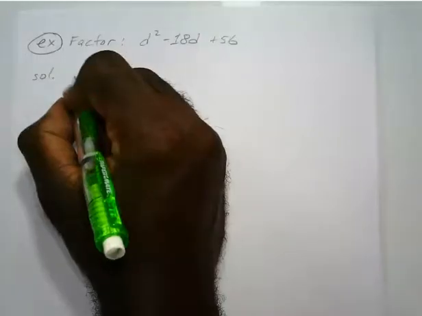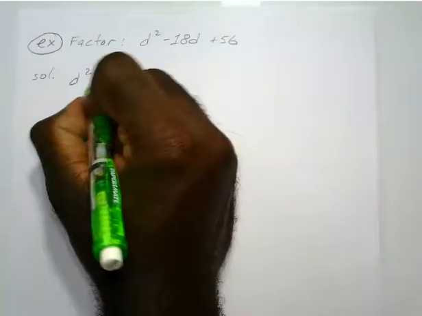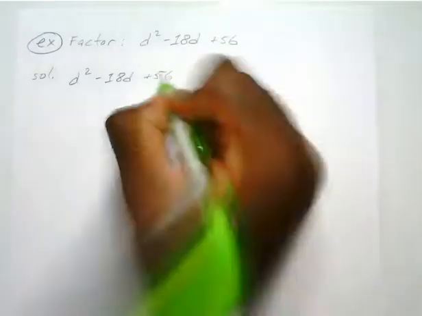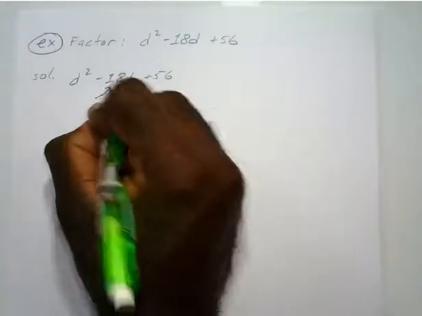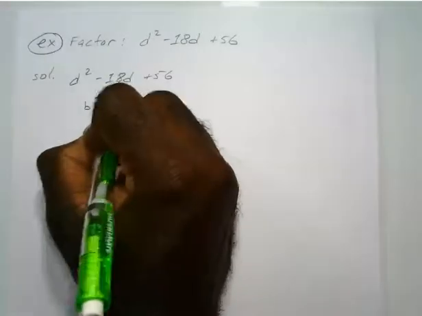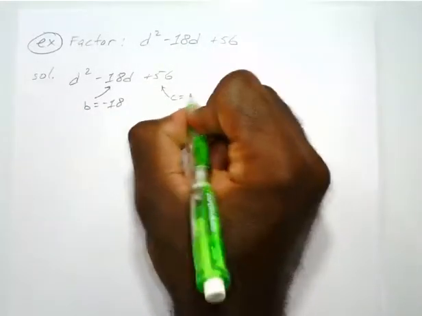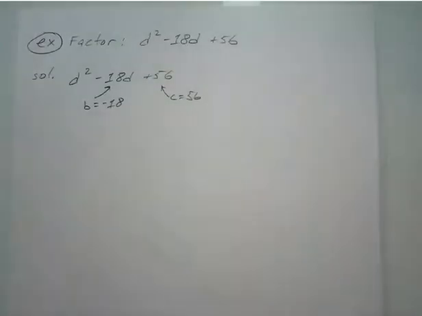Okay, so I'm going to go ahead and rewrite it. D squared minus 18d plus 56. That shows us that our b is equal to negative 18. And our c is equal to positive 56.